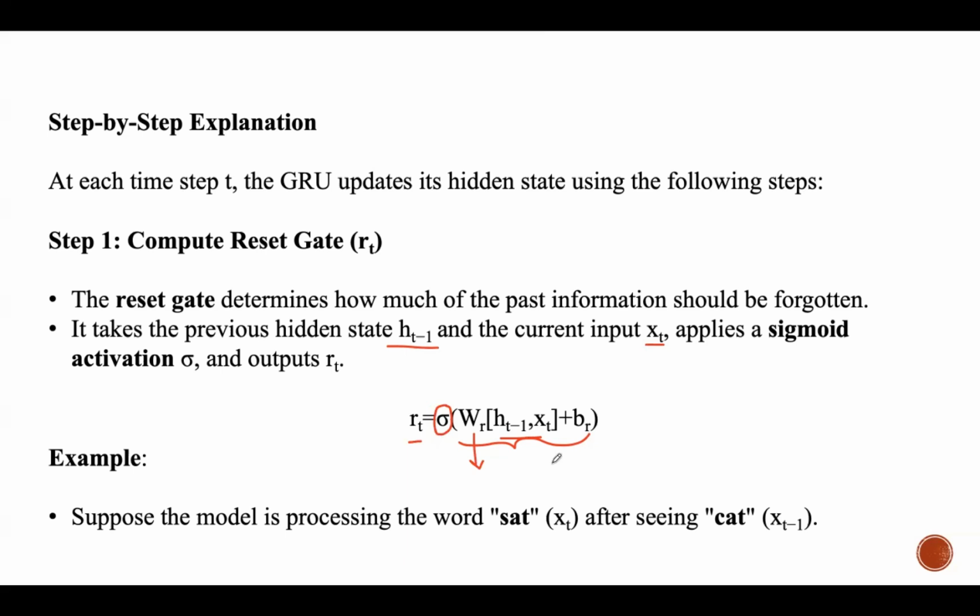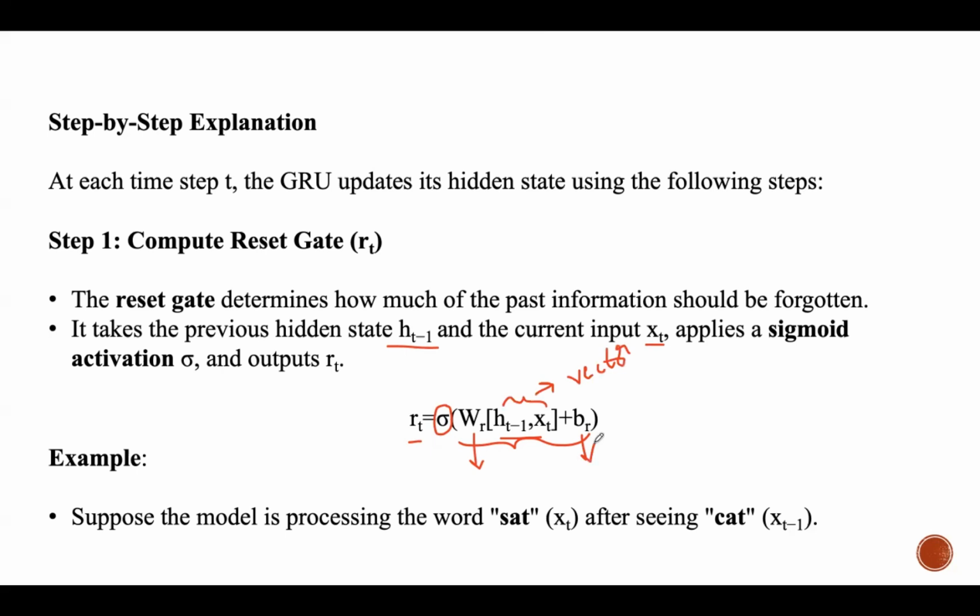We concatenate both of them, combining them into a single vector before applying the weight matrix. We also add this bias term for the reset gate, which helps shift activations for better learning.